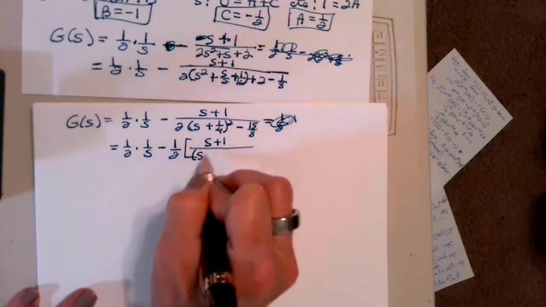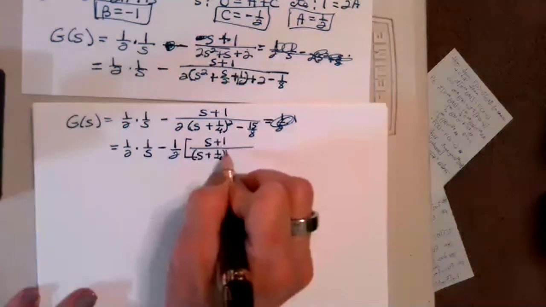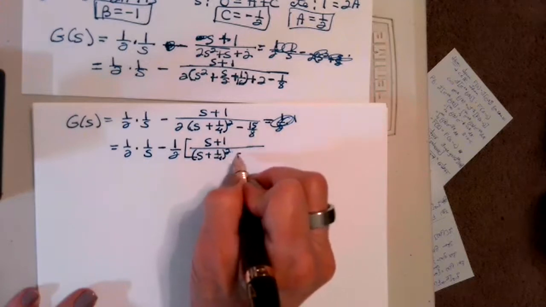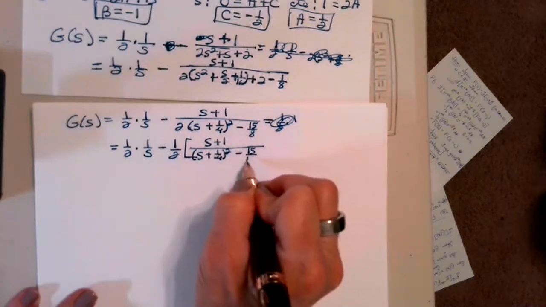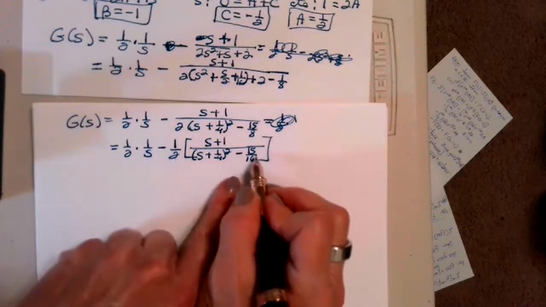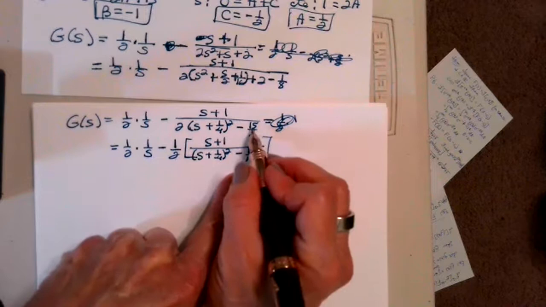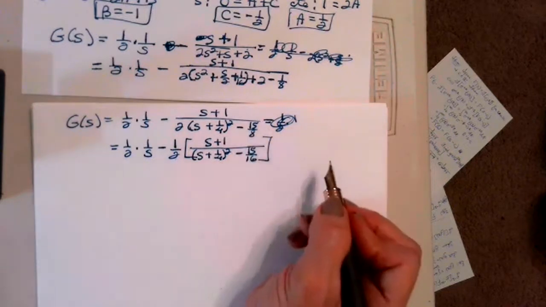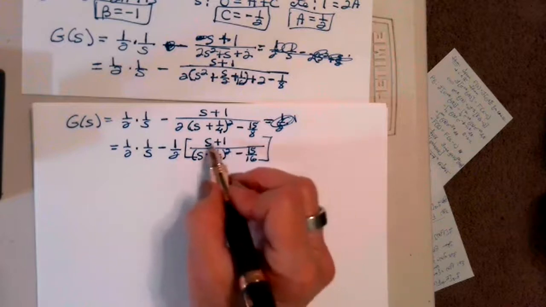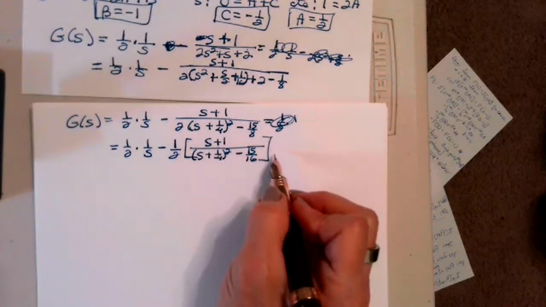That gives you an s plus 1/4 quantity squared. If you factor out a 2 from here, that gives you a minus 15 over 16. How do I know that's right? Because if I multiply that 15 over 16 by 2, I have to get back to 15 over 8. So that's correct.